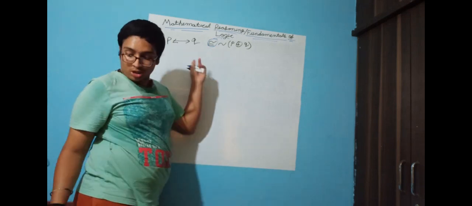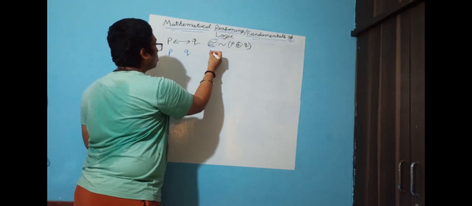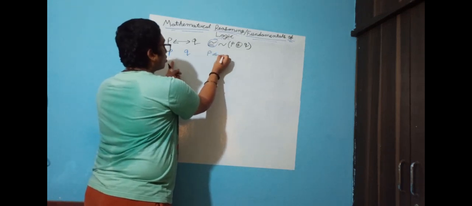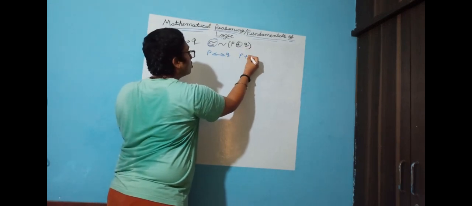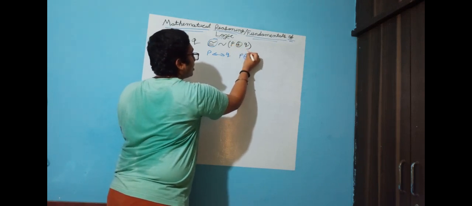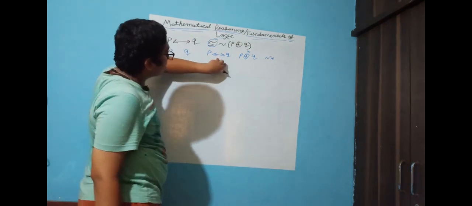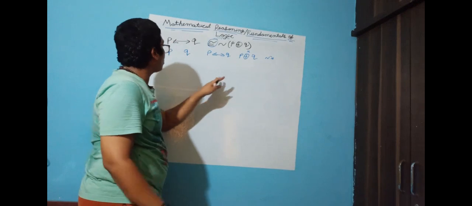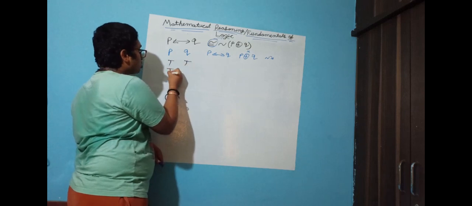First, since there are only two statements, write down P, Q. We need to find P if and only if Q. Next, P XOR Q, and then the negation of this one. Let it be X, negation X. We need to prove whether this and negation X are equal or not. Take the truth values.